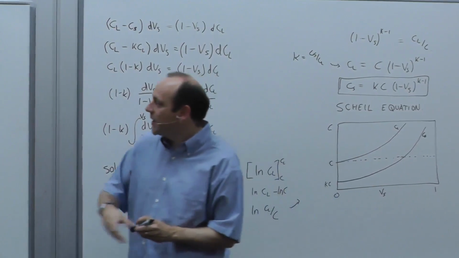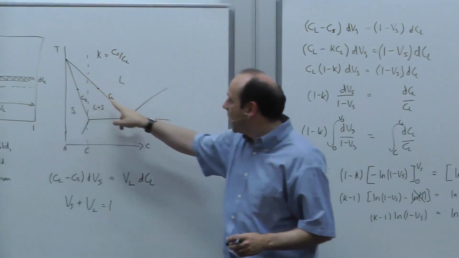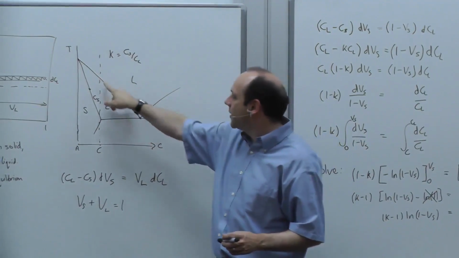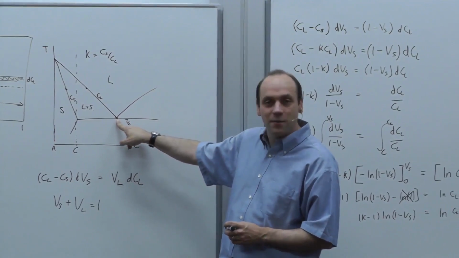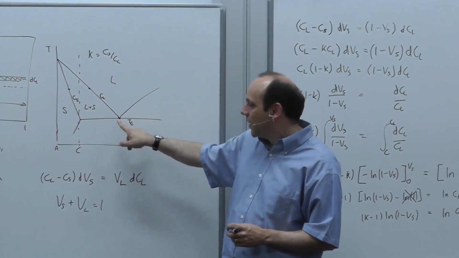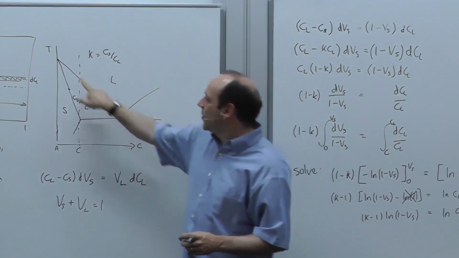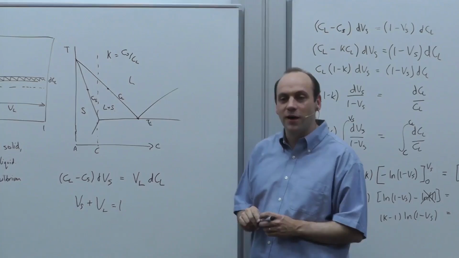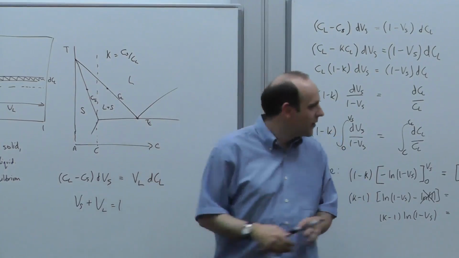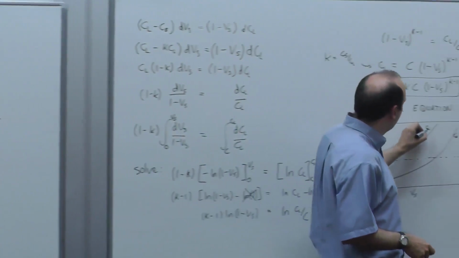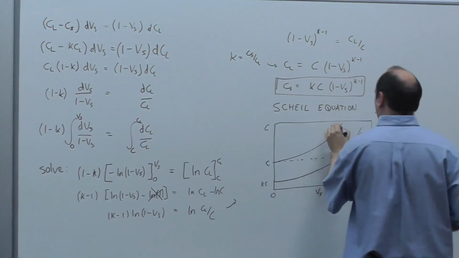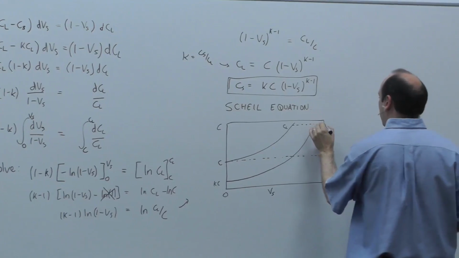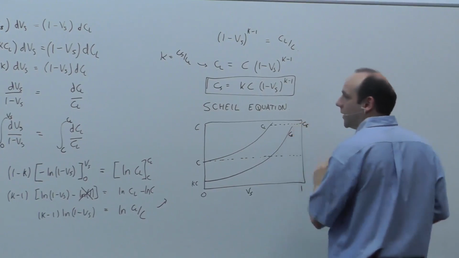So when we come back here, this will keep on going down until, as we go down in temperature, the composition of the liquid will keep on increasing until we get to the eutectic point. And at that point, this little triangle construction doesn't work anymore. So say this is the eutectic composition here.